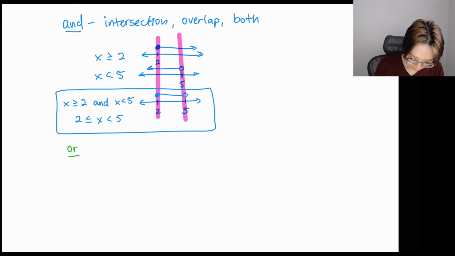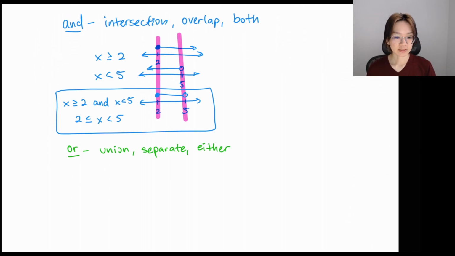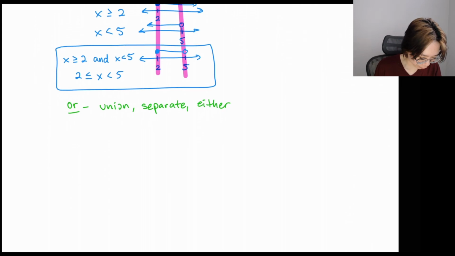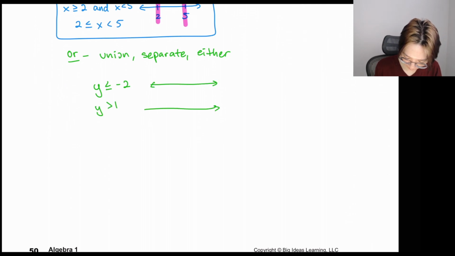Meanwhile, for or, it is the union, or they're separate, or it's either. Taking similar examples, we have two inequalities. Let's say we have y is less than or equal to -2, and y is greater than 1. If we graph those independently, -2 over here, 1 over here, closed circle, less than -2, open circle, greater than 1.